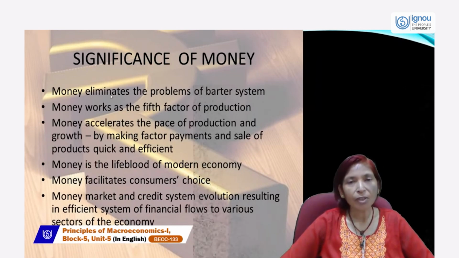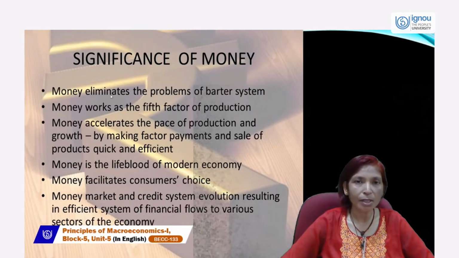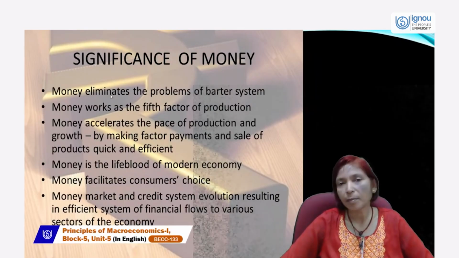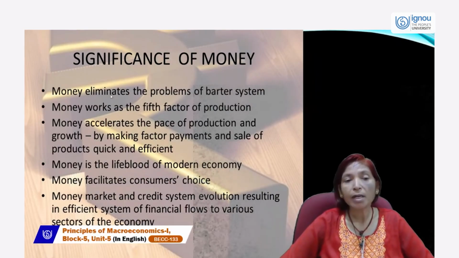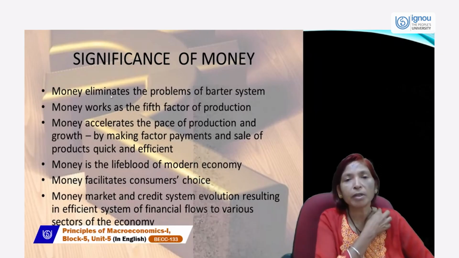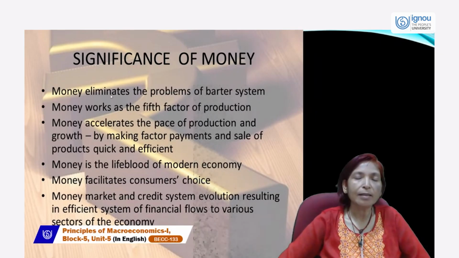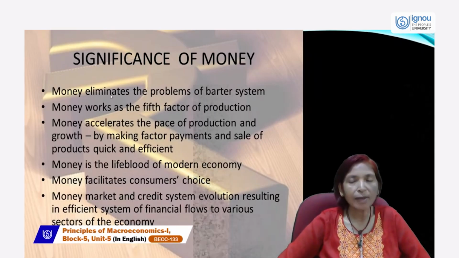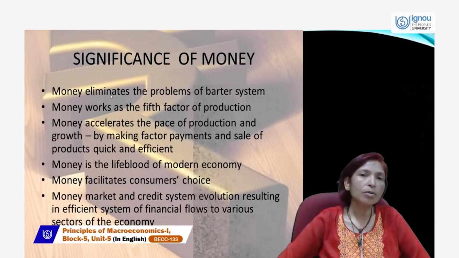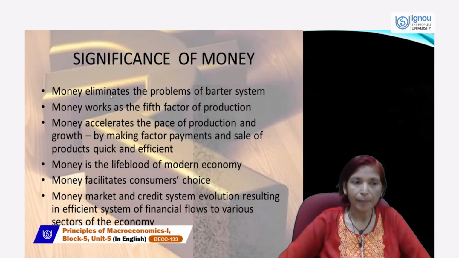We have discussed that there are four factors of production: one is land, second is labor, third is capital, fourth is entrepreneur. But money works as the fifth factor of production because without money, you can't buy these factors of production, you can't use these factors of production to produce goods and services.